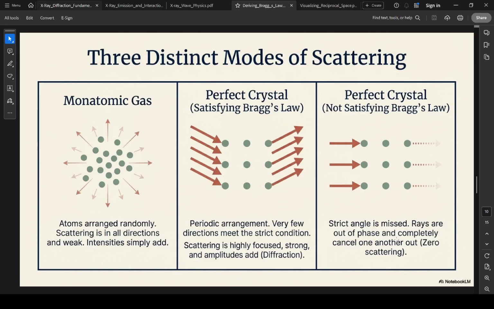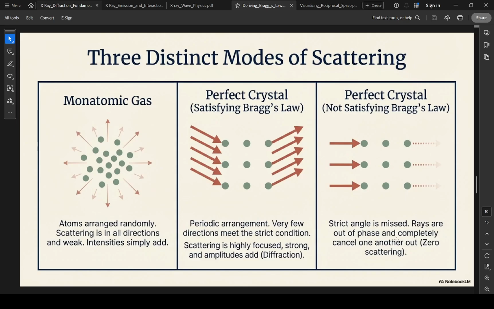Then you have perfect crystals. There, if they satisfy Bragg's law, it has a periodic arrangement, and very few directions meet the strict condition of Bragg's law. So scattering is high, and since it's a perfect crystal, scattering is highly focused and strong.